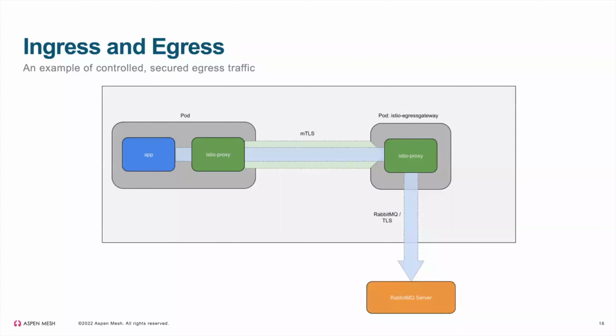Okay, so the Istio egress gateway, this isn't separate outside of it? Yep. So the Istio egress gateway, that was a good segue, I was going to bring that up. The egress gateway and the ingress gateway are standalone Istio proxies that are configured to handle inbound and outbound traffic.